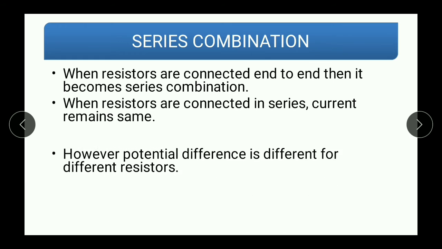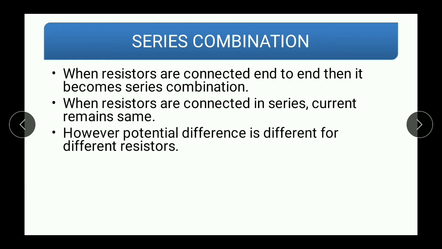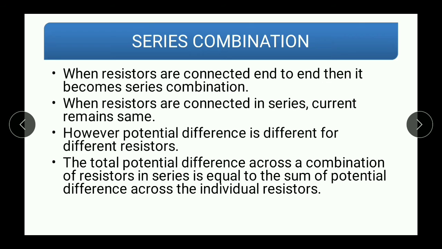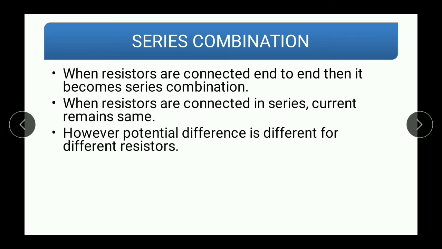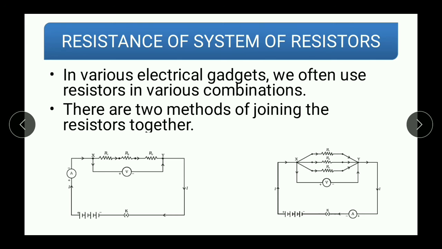However, we must note that the potential difference is different for different resistors. The total potential difference across the combination of resistors in series is equal to the sum of the potential differences across individual resistors. For example, in the earlier case, this was the diagram, and there are three resistors, R1, R2 and R3.